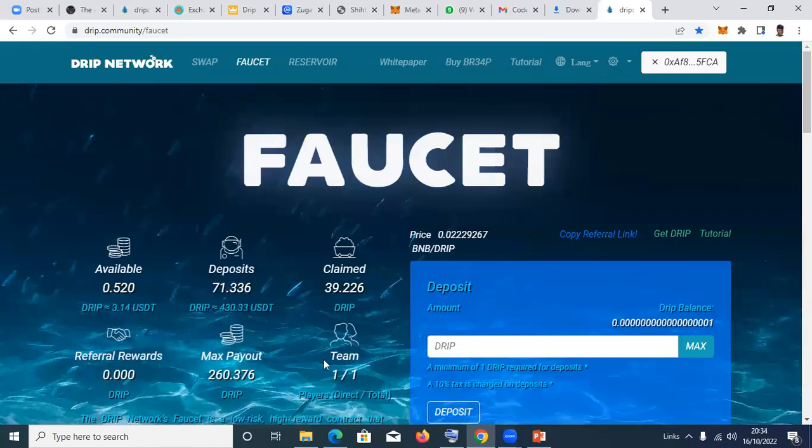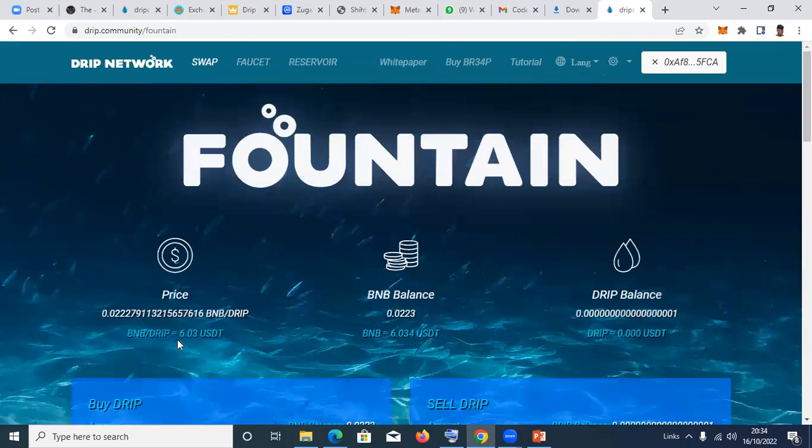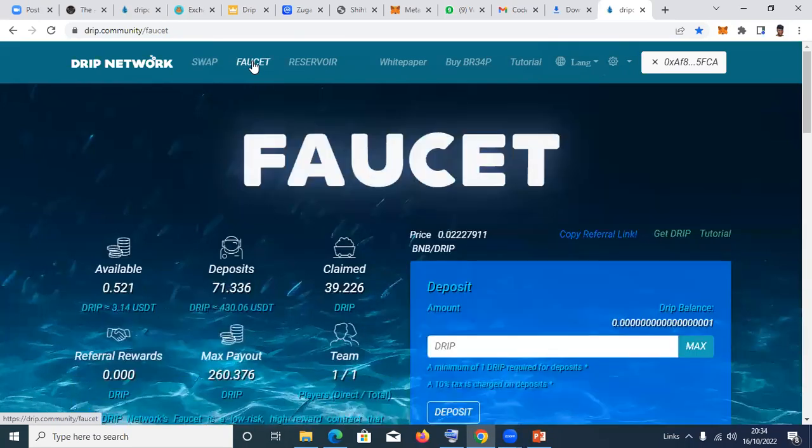Now, the current price for one DRIP, as we speak currently, is 6.03 USDT. Now, on the faucets is where we'll be centralizing our discussion tonight.